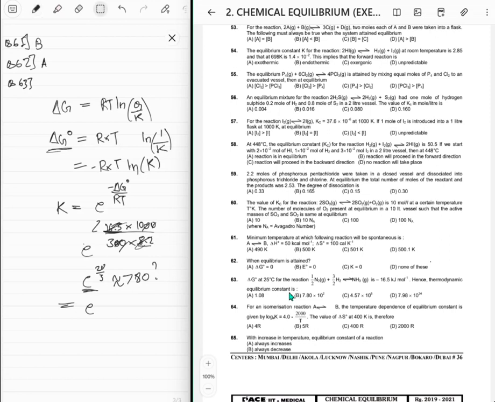That's weird. So e power 20 upon 3 is like e power 7 minus 1 upon 3, which is equal to e power 6 into e power 2 upon 3. Yeah, that's better. And e power 6 is approximately 400. So 400 times e power 2 upon 3 is 780, or e power 2 upon 3.